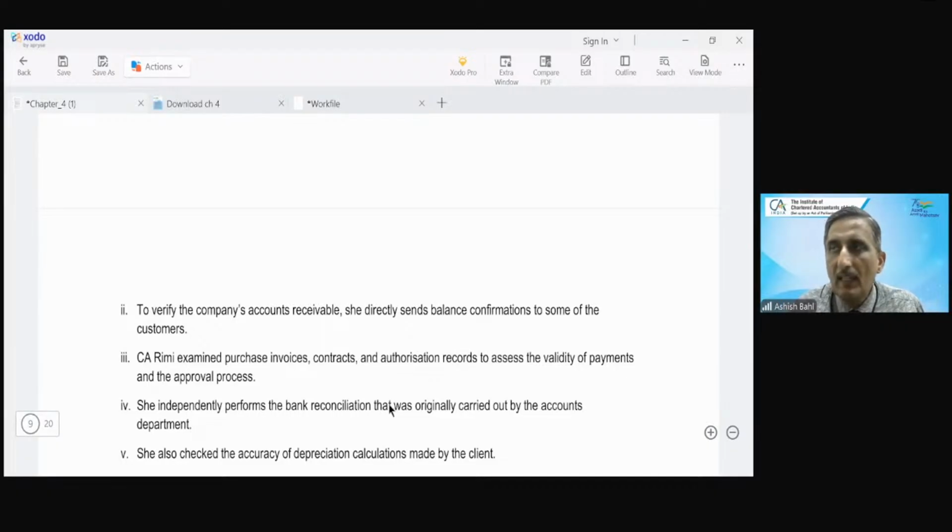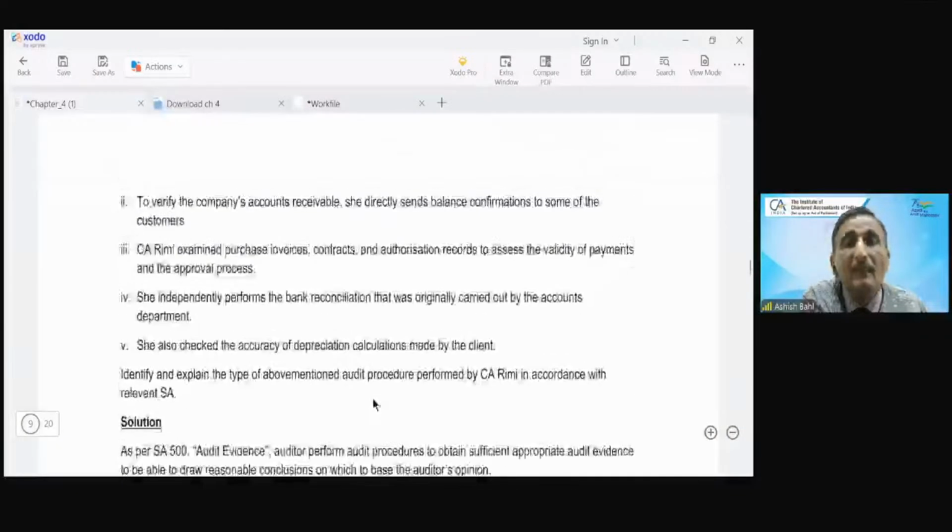Yes, students, come on quickly. Harshit and Miss Mansoori, you are giving the answers. So fourth and fifth, you are right.